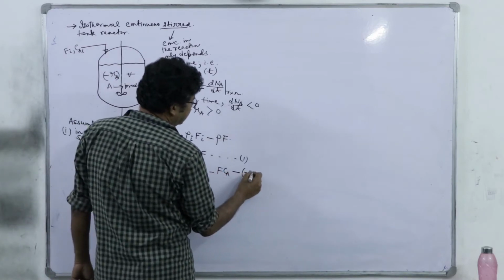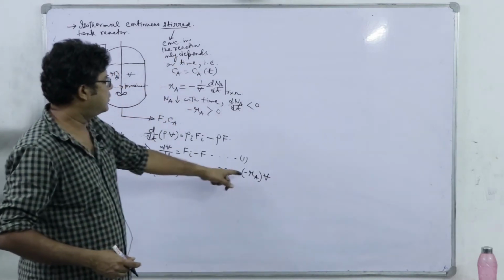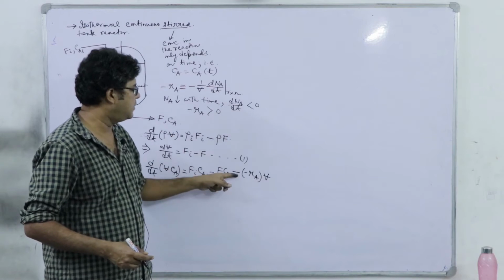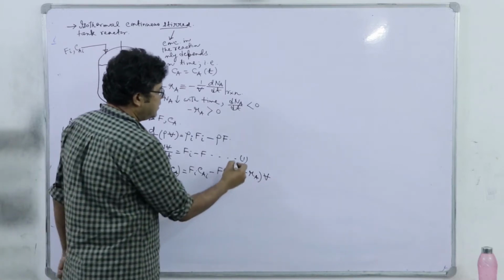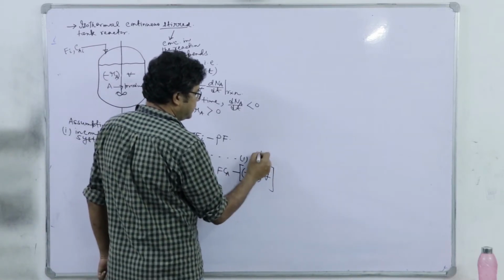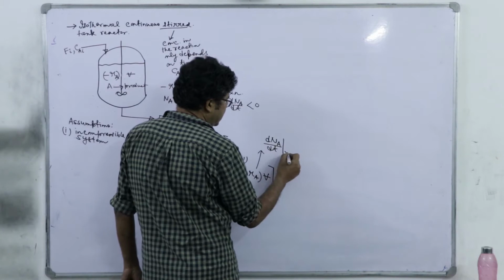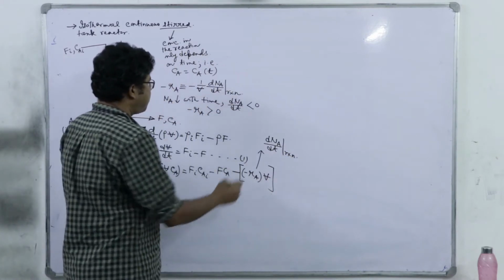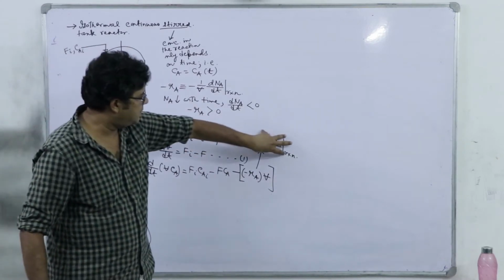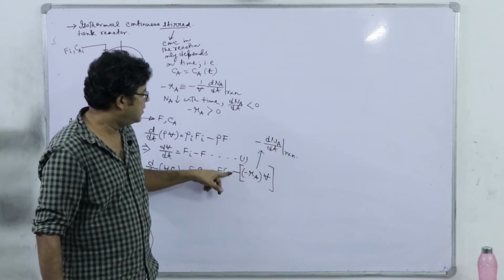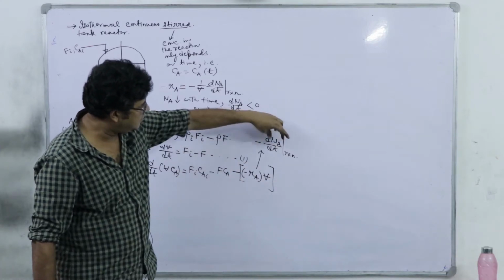So, we will write it as minus of minus Ra into V. This entire term is basically dNA/dt of reaction with a minus sign, right. So, this is positive because Na decreases with time, and minus of minus Ra will be negative.